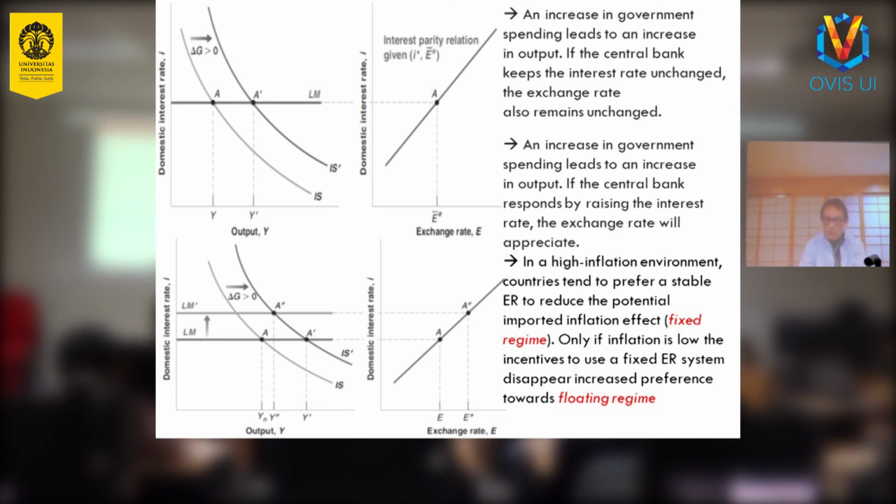Mundell-Fleming Model. This is the name of two persons basically. Robert Mundell is the first person, and then Fleming. I forgot what his first name is, but Fleming is his last name. Robert Mundell got the Nobel Prize, among others, not the only one, but among others, because of this model.